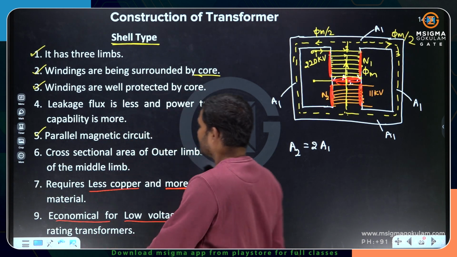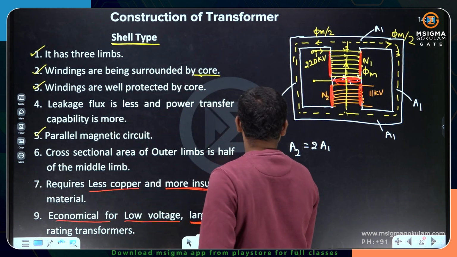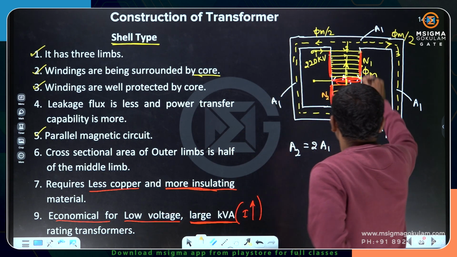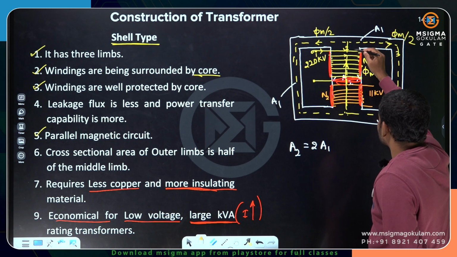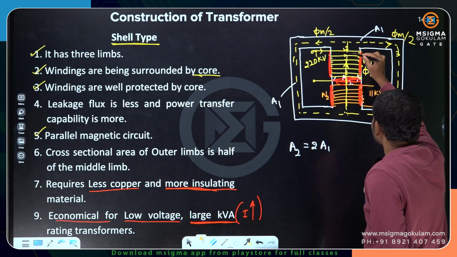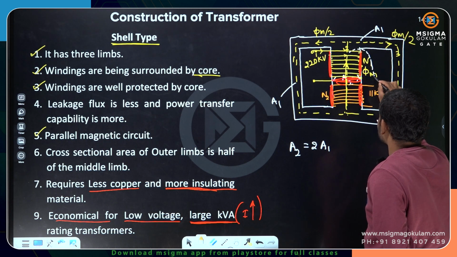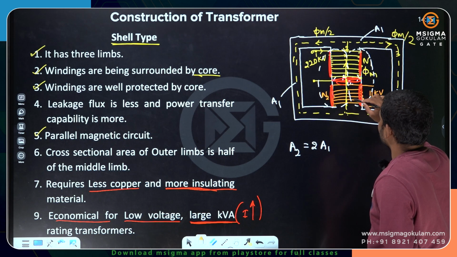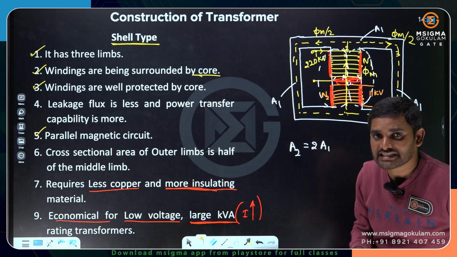The other point is leakage flux is less. How can you say that leakage flux is less? You see, if the flux produced by the 220 kilovolts winding is there, most of the flux is choosing the low reluctance path. If any amount of flux is establishing like this, you cannot call it leakage flux.